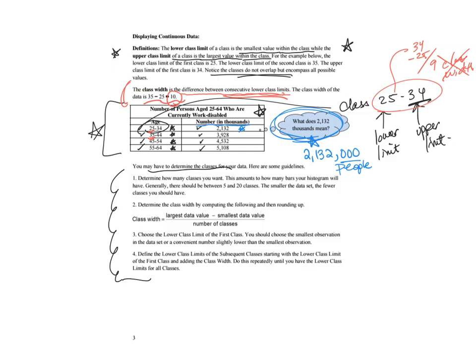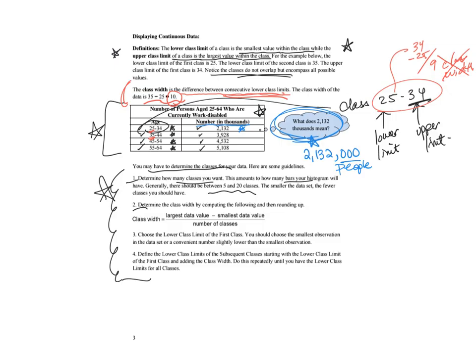Now, if you need to ever determine the classes of your data, here are basically some guidelines. First, you determine how many classes you want, remembering that each class will be a bar on your histogram. So you want between 5 and 20. And to be honest, the amount of classes is really an opinion, so you don't have to worry too much about getting the correct number, because there really is no correct number.